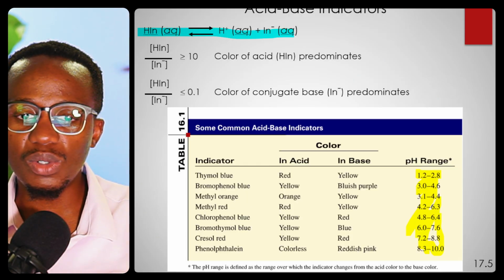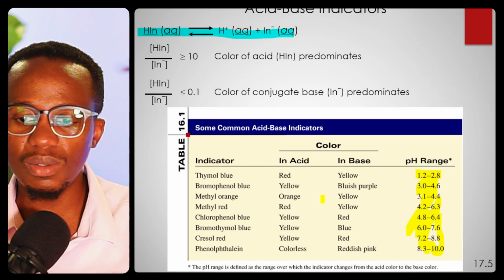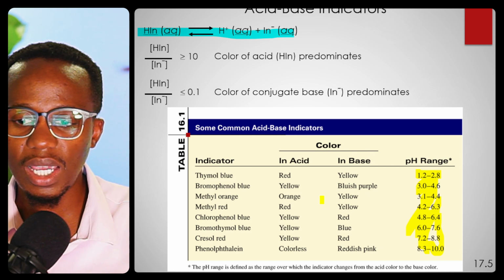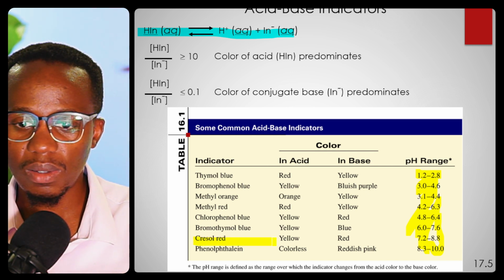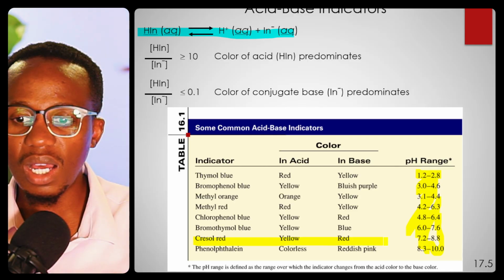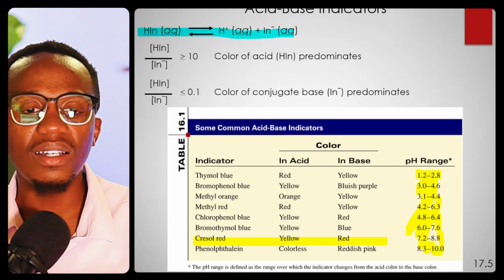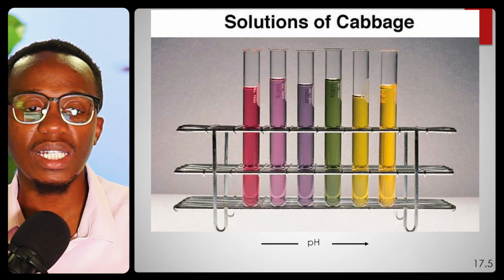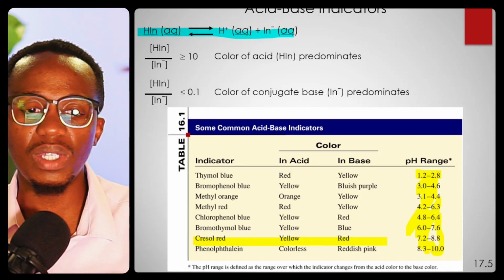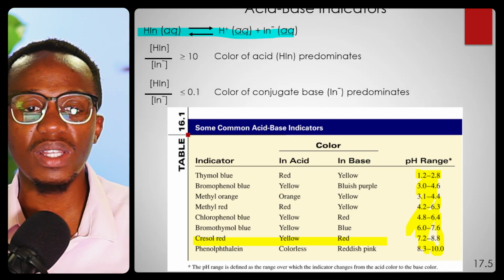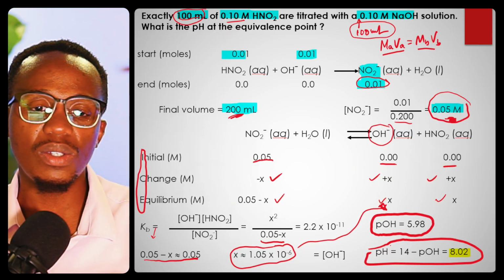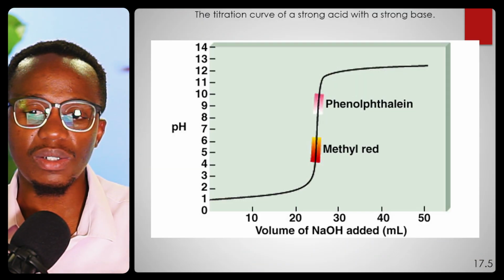Well, if you want to choose what indicator to choose, which one would you choose? 8.02. That's right, you're gonna choose this one, right? Because everything else will not fall into that. So you choose the indicator based on the equivalence point pH, so that you can find the right range, right?